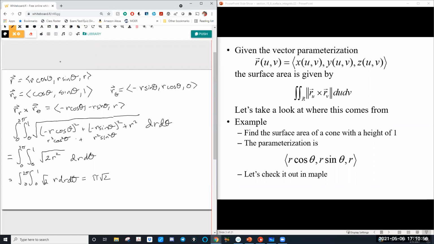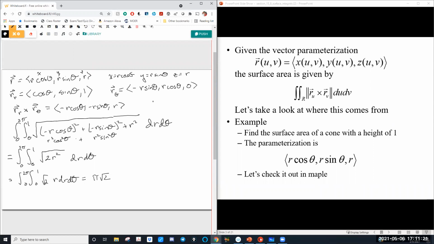Right. Well, no, it's not that we're not changing it, actually. To be more specific, it's that we're in rectangular, meaning our parametric equations are x equals r cosine theta, y equals r sine theta, z equals r.